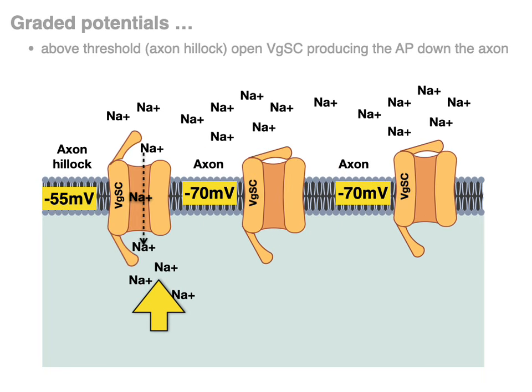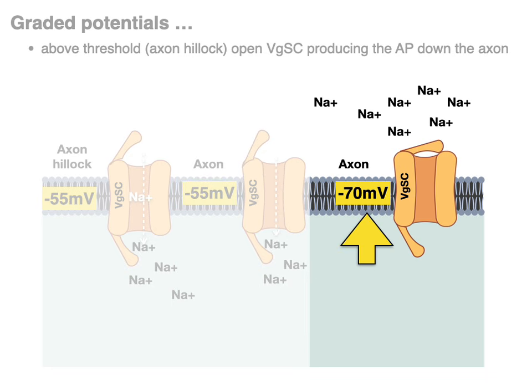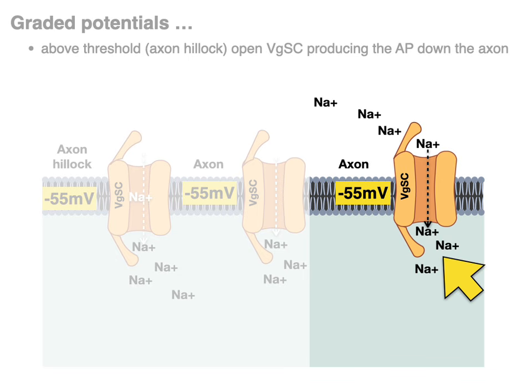The influx of sodium ions in this axon hillock, in the axon, causes these voltage-gated sodium channels to open, and you see this action potential propagation down the axon, okay, and so forth.